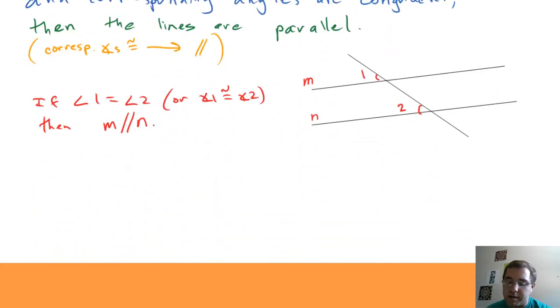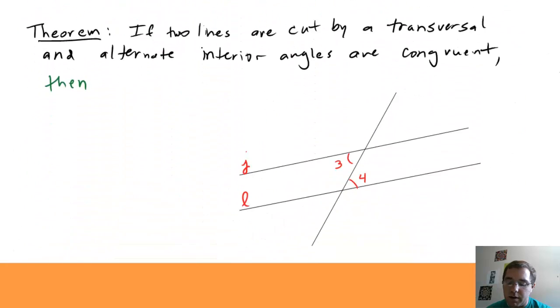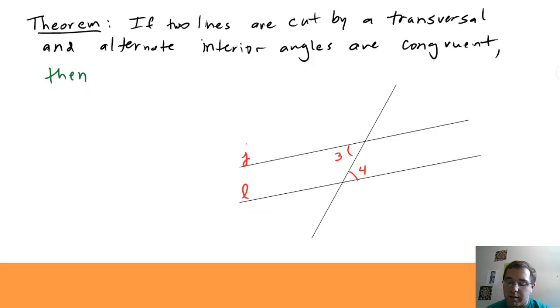Okay? Let's find a second way to show that two lines are parallel. We have a theorem that says if two lines are cut by a transversal and alternate interior angles are congruent, then what do you think is true? The lines are parallel.